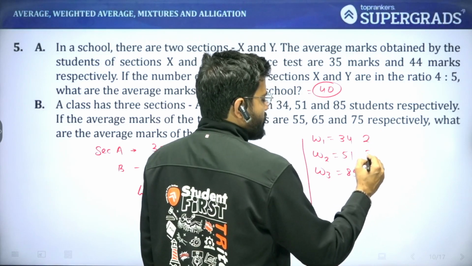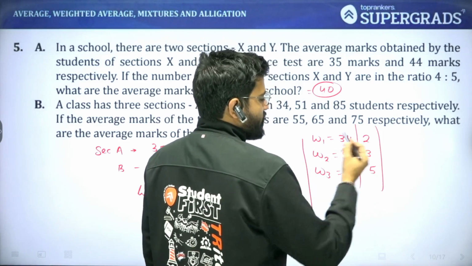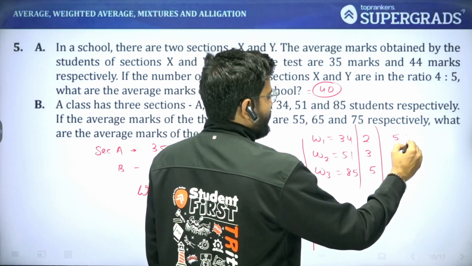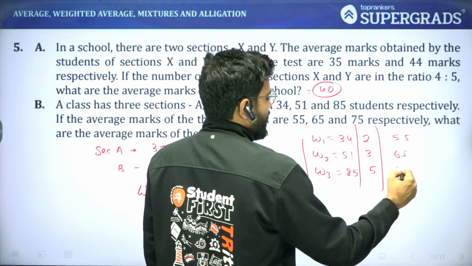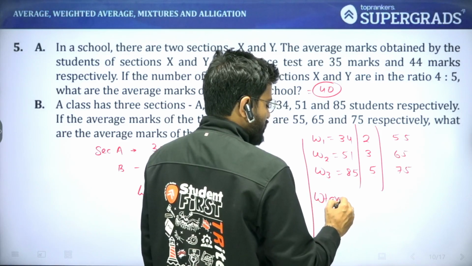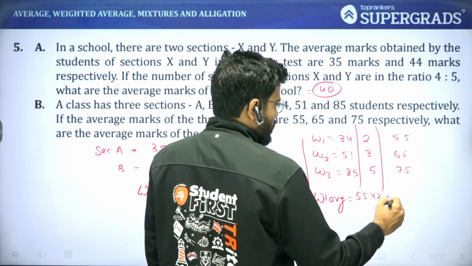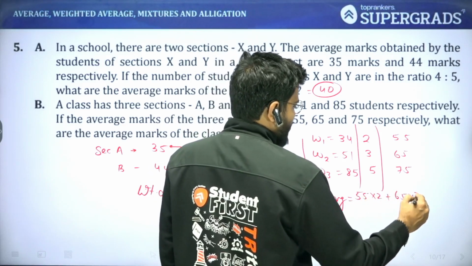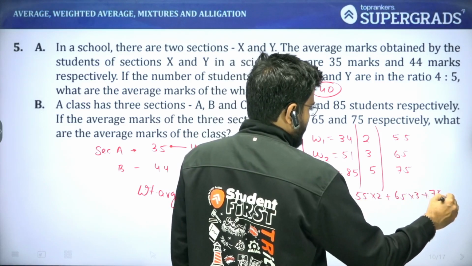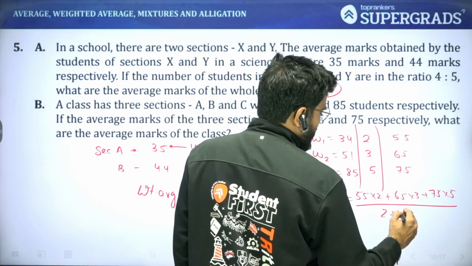The ratio is 2 is to 3 is to 5. So this is my weightage. And what are the marks? 55, 65, and 75. So overall weighted average will be equal to 55 into 2 plus 65 into 3 plus 75 into 5 divided by 2 plus 3 plus 5.